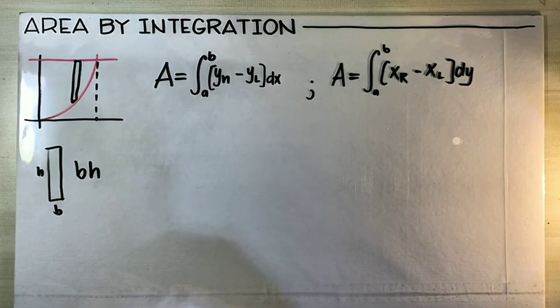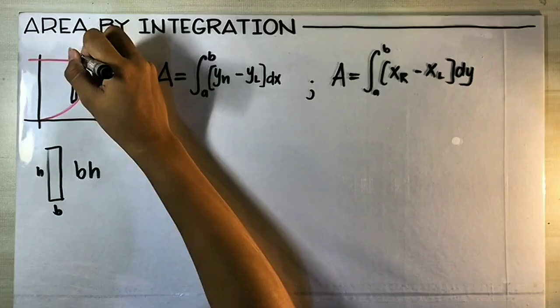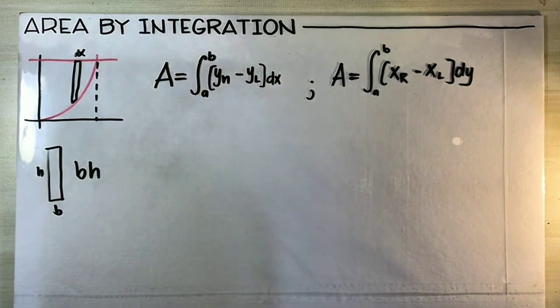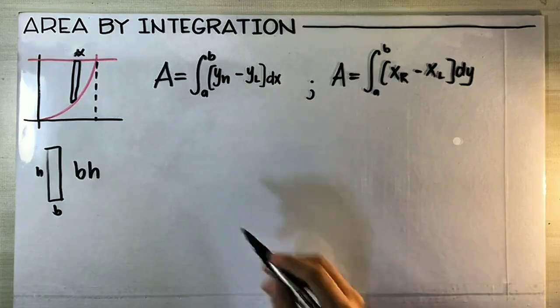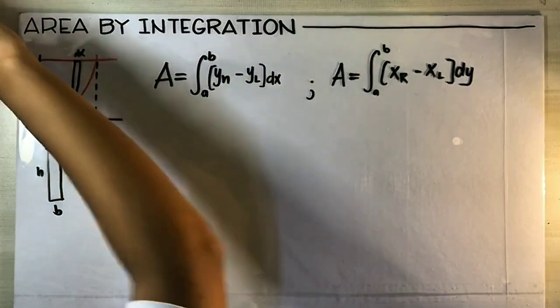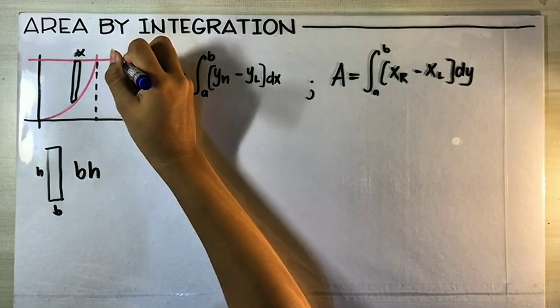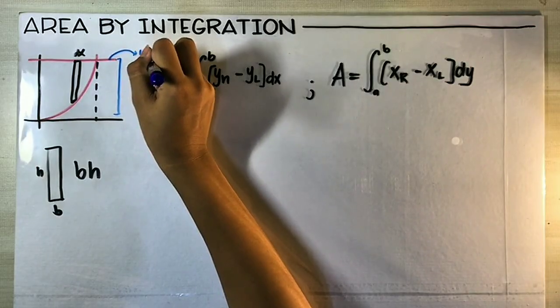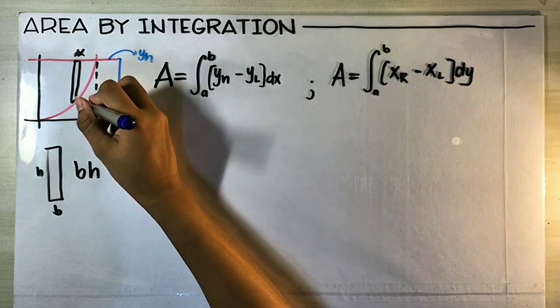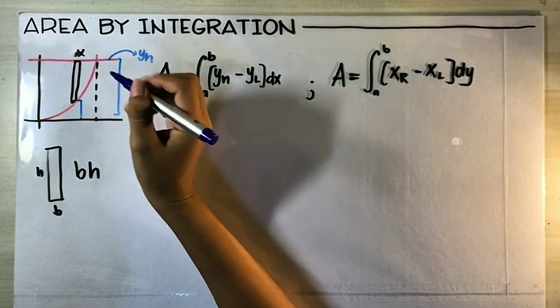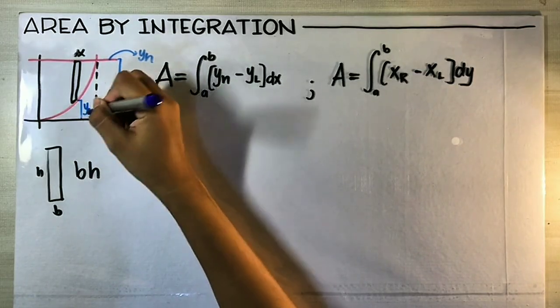So our dx is over here. Since we use integration, we have to make this dx. Our YH, or Y high, is this line, and then this one here from the bottom of the rectangle up to the x-axis is the Y low.